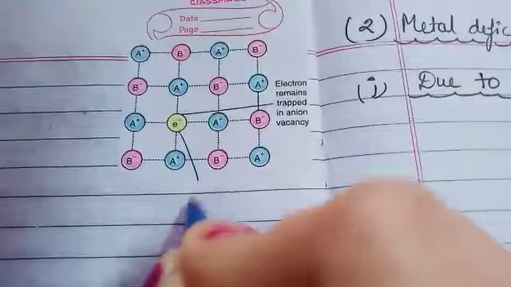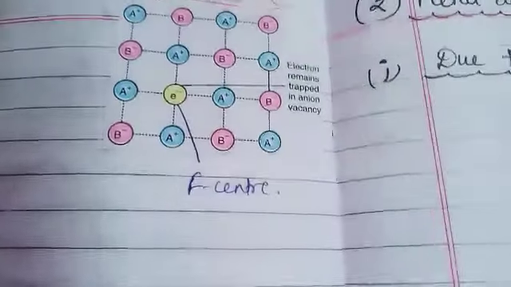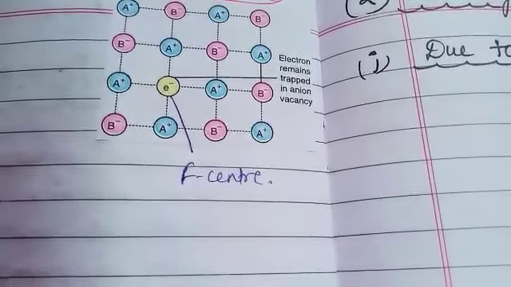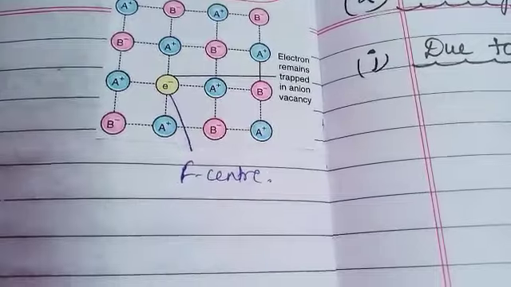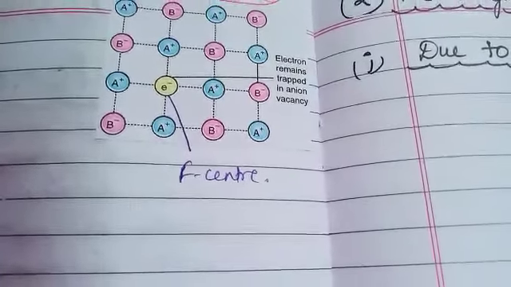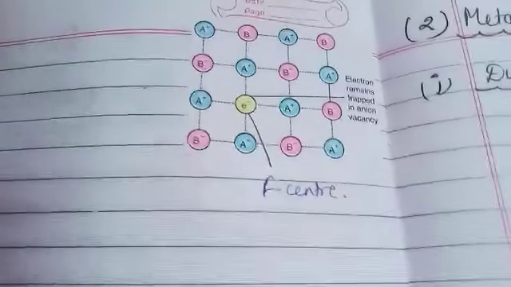Where electrons are trapped, that is known as an F center. So how to define F centers? These are the anionic sites occupied by unpaired electrons. That is known as an F center, and F centers impart color to the crystal.